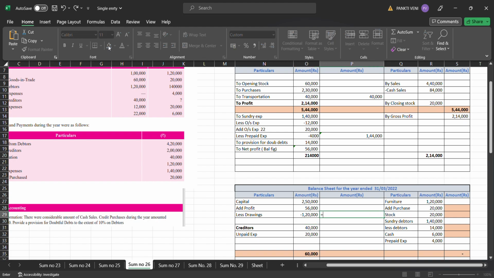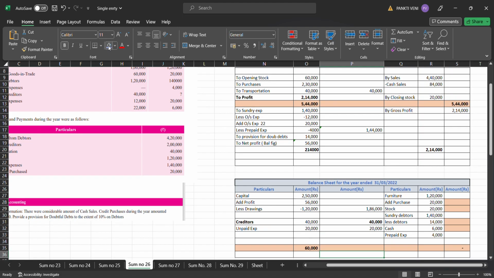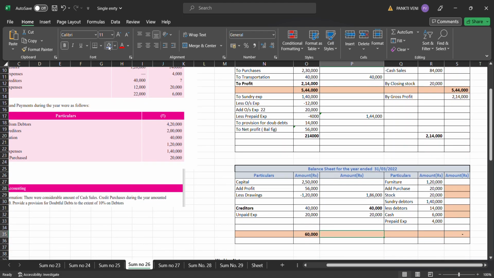Okay, and I'll get my capital part. So 1,86,000 is my capital part. To that I will add my creditors, and to that I will add my sundry unpaid expenses, outstanding expenses. Okay, so this part is done. Now I'll take my purchases, and I'll take my furniture and additional purchase of furniture.